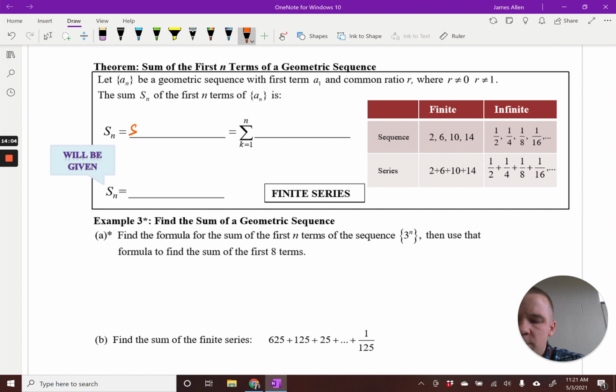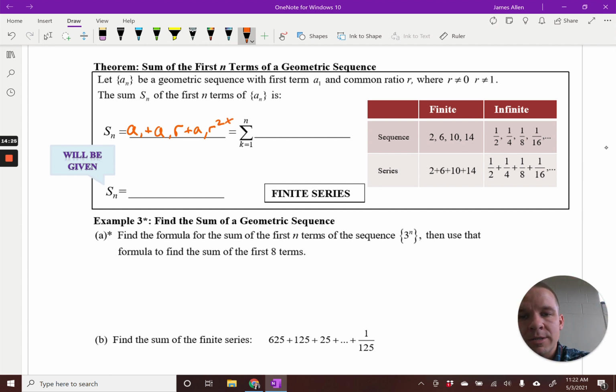So if we want to find the sum of the first n terms, that'd be doing s sub n, or we'd say a sub 1 plus a sub 2 plus a sub 3 plus, actually, why don't we write it like this? A sub 1 times r, right? And then a sub 1 times r squared for my third term, because it's 3 minus 1.